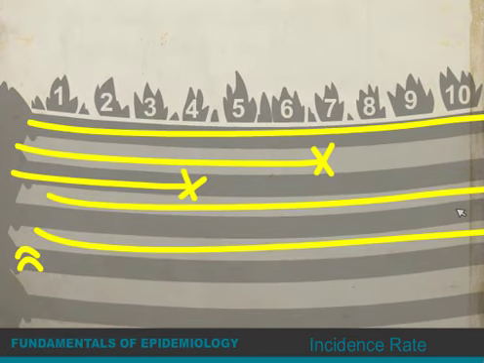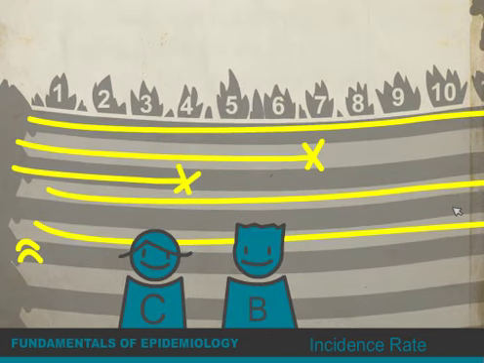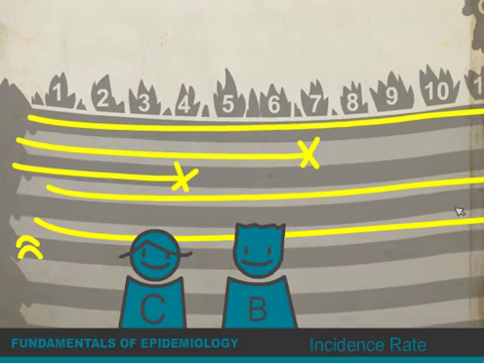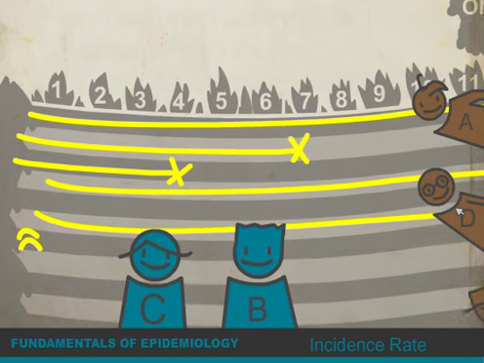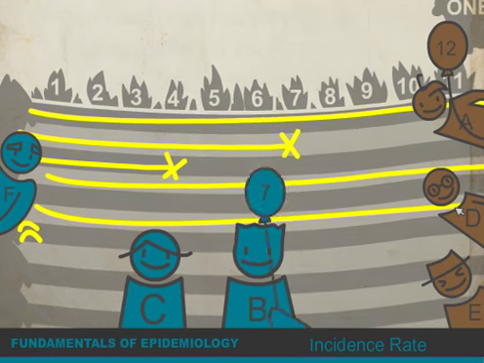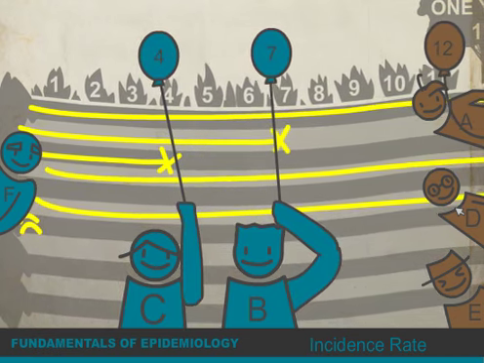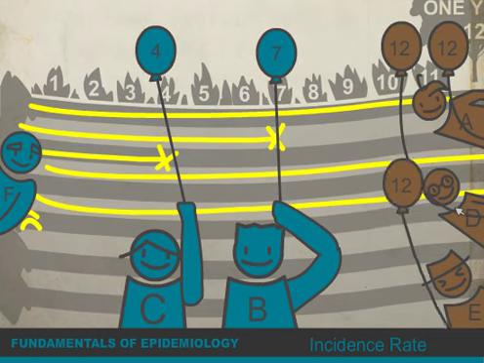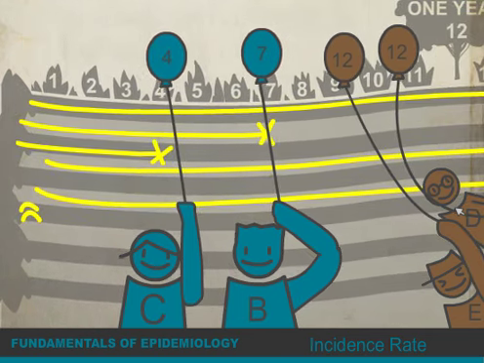The incidence count in the first year is 2. Bob and Cathy both acquired diabetes in the first year. The total time that people were at risk was 47 months, made up of 12 months for Andrew, 7 months for Bob, 4 months for Cathy, 12 months for Deb, 12 months for Erin, and 0 months for Frank.